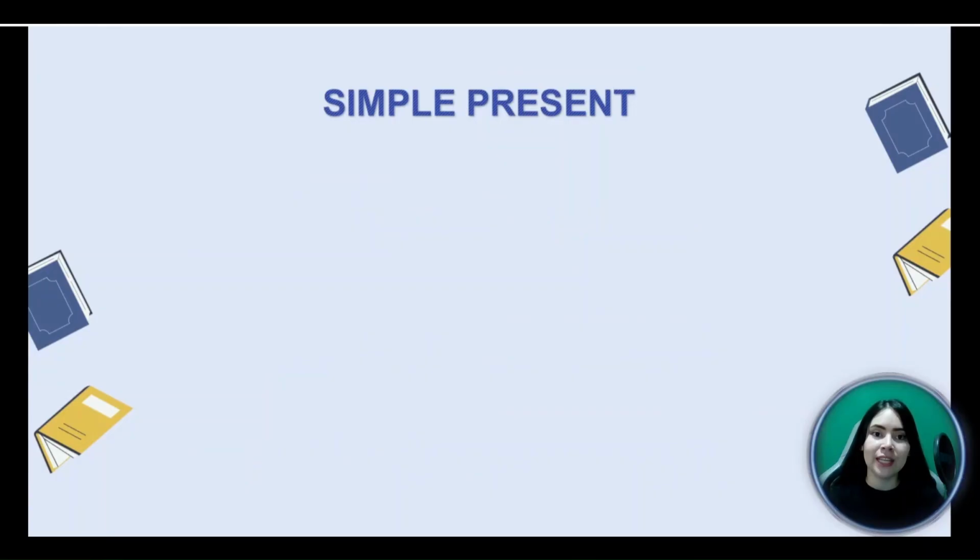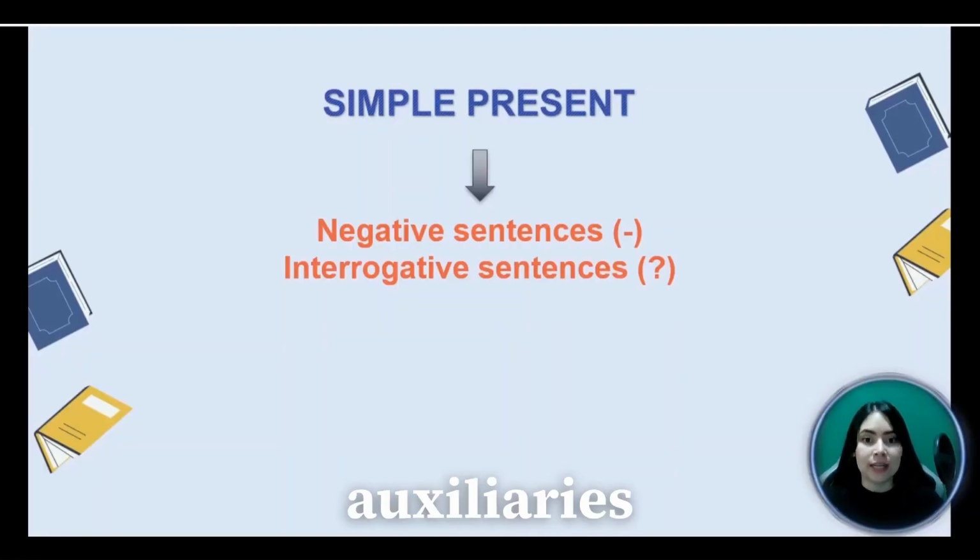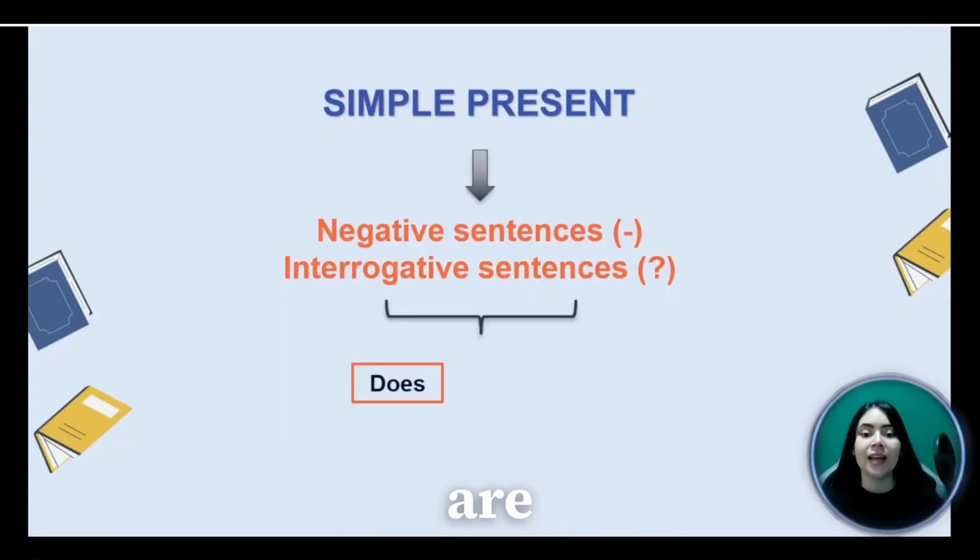Now let's continue with the negations and the questions. For this, we need to use auxiliaries. The two auxiliaries that we use in the simple present are does and do.